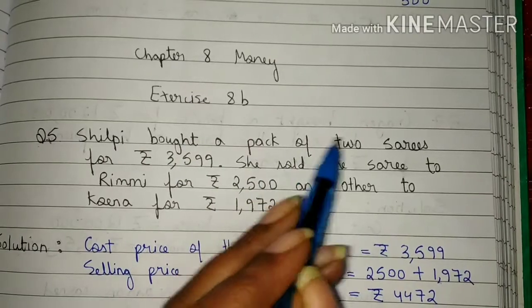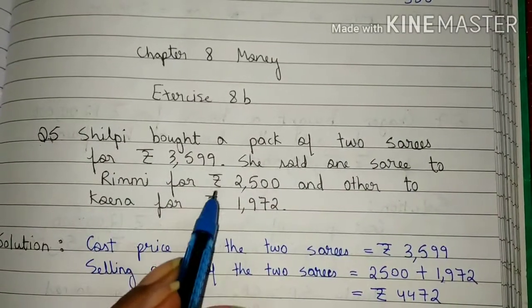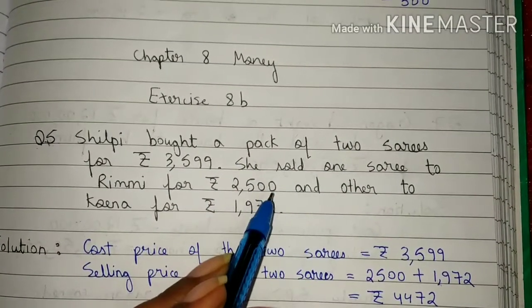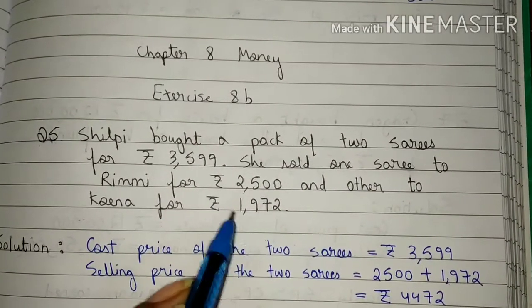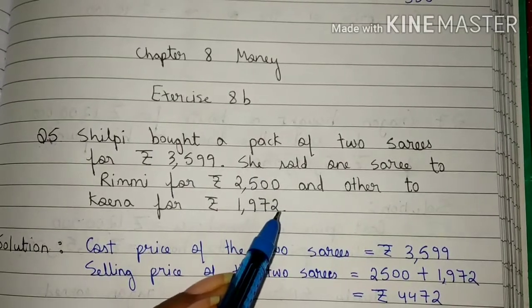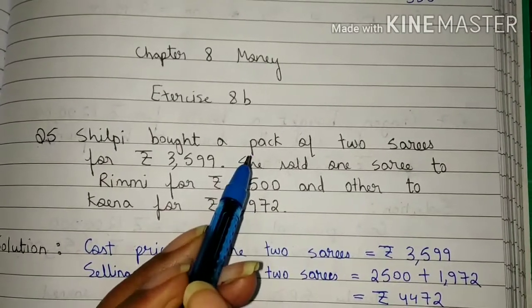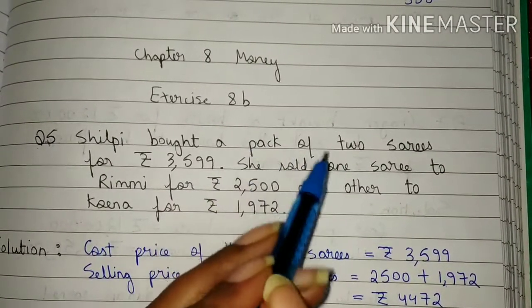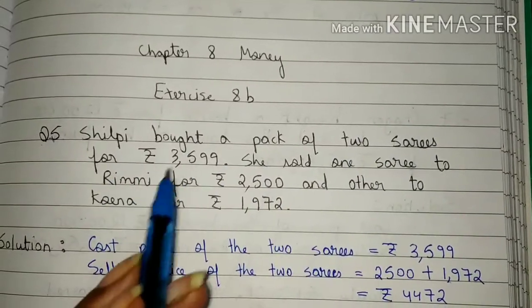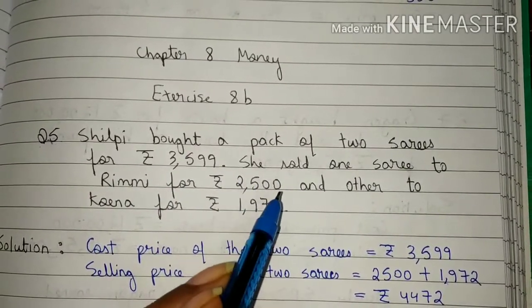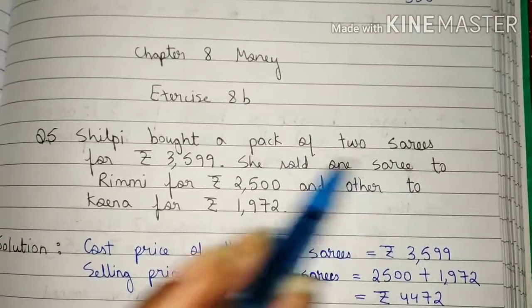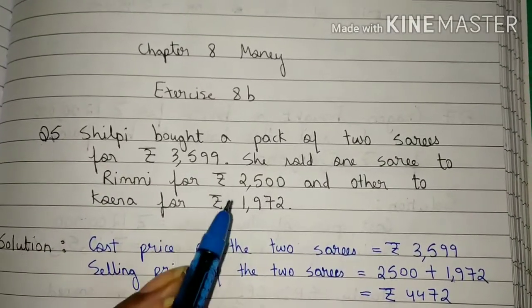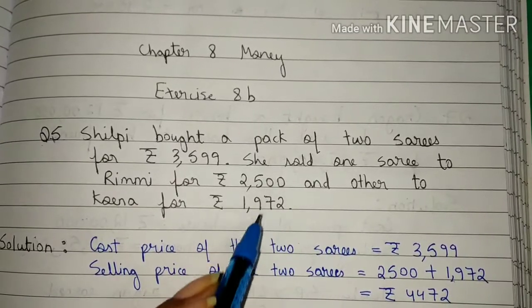She sold one saree to Rimi for rupees 2500 and the other to Koina for rupees 1972. It means firstly Shilpi sold one saree to Rimi for rupees 2500 and again she sold the other saree to Koina for rupees 1972.